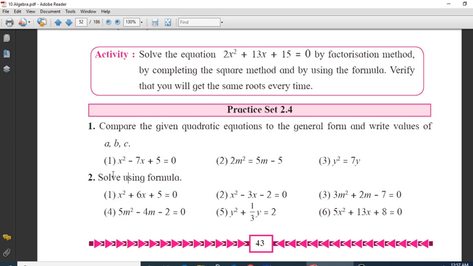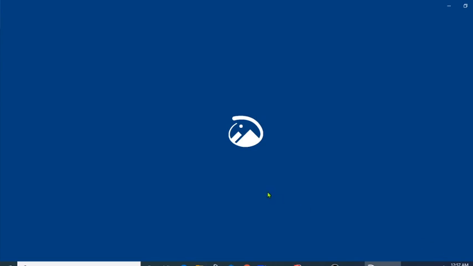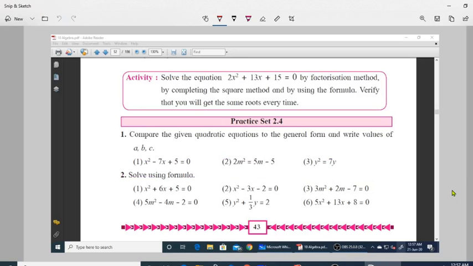So before going on to this, we will try to solve these three equations, where we need to find the value of A, B, C. In order to find the value of A, B, C, we need to write the equations in the standard form, like ax square plus bx plus c equals to 0.